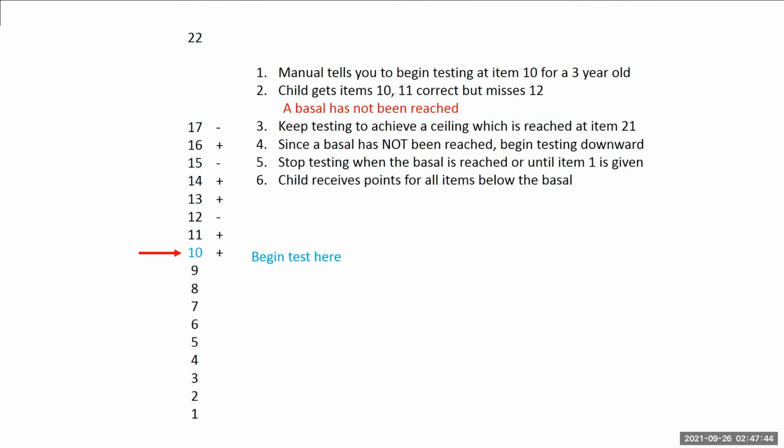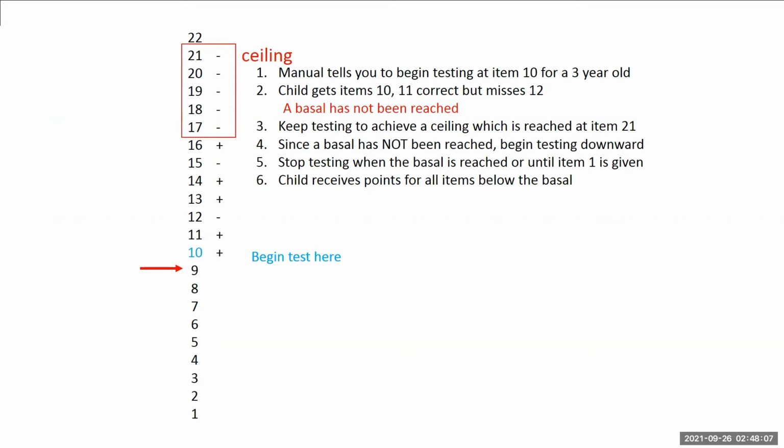Continue testing to determine the ceiling and to watch for a true basal. The ceiling is reached at item 21, where 5 questions are missed. Item 22 was not administered because it is above the ceiling and therefore assumed would elicit an incorrect response.